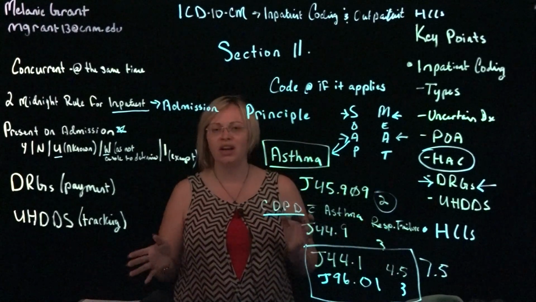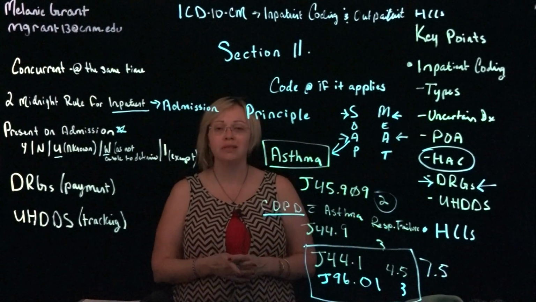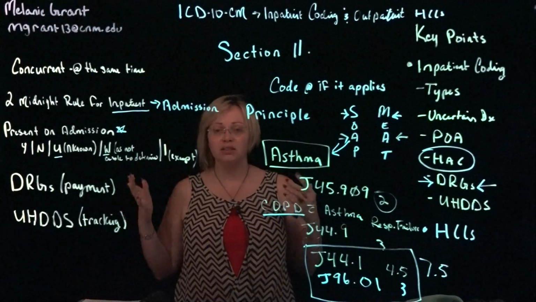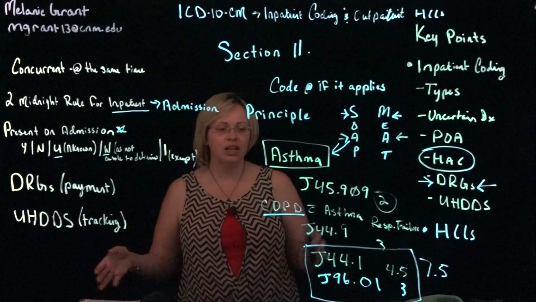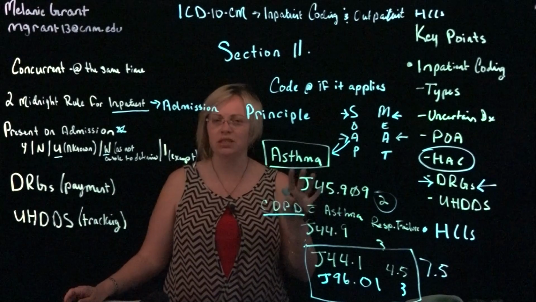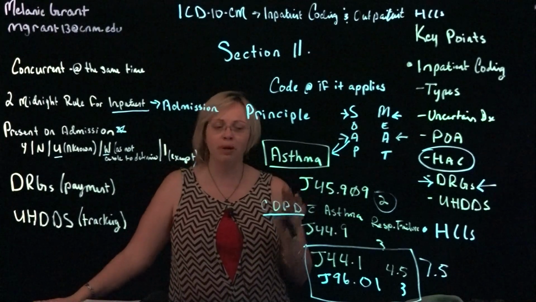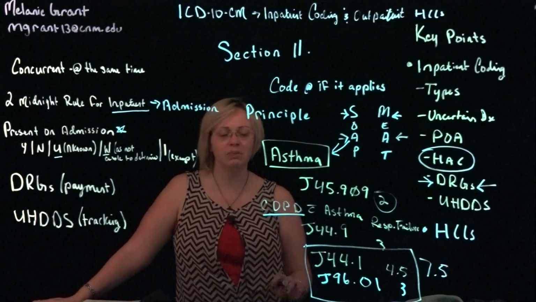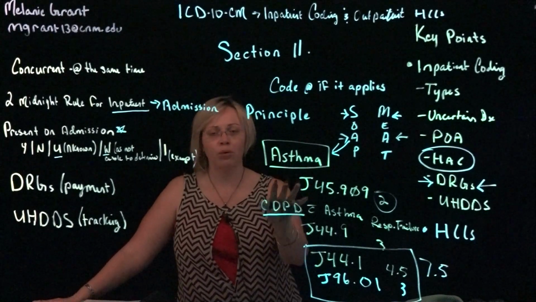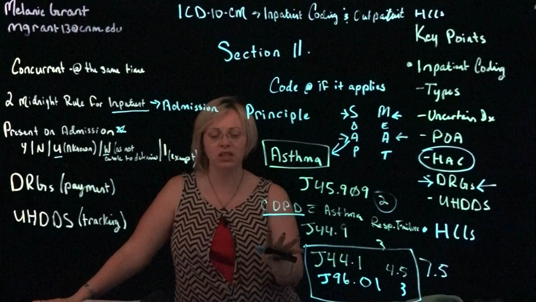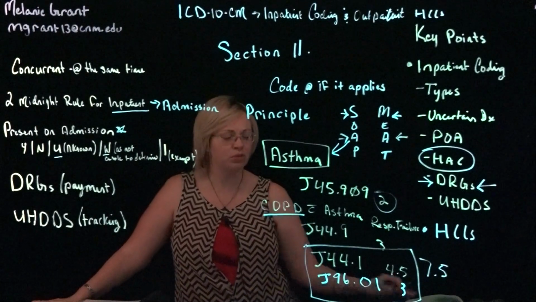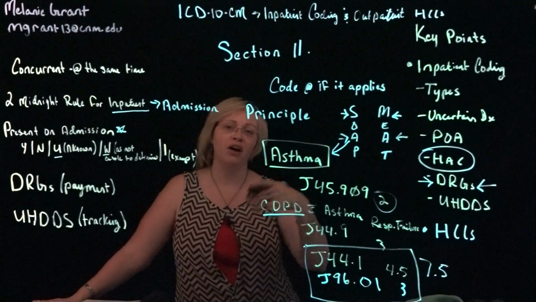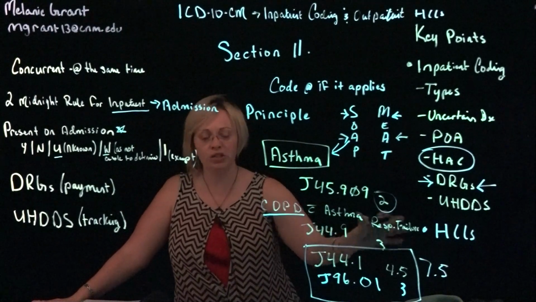So if you think about it as every code that you select is worth information, the unspecified asthma code doesn't give us a lot of detail. But when we get into the actual reason why the patient was here, especially in an inpatient stay, we can support the documentation and the information needed by talking about the types of chronic conditions they have, how it exacerbated, what it also had.